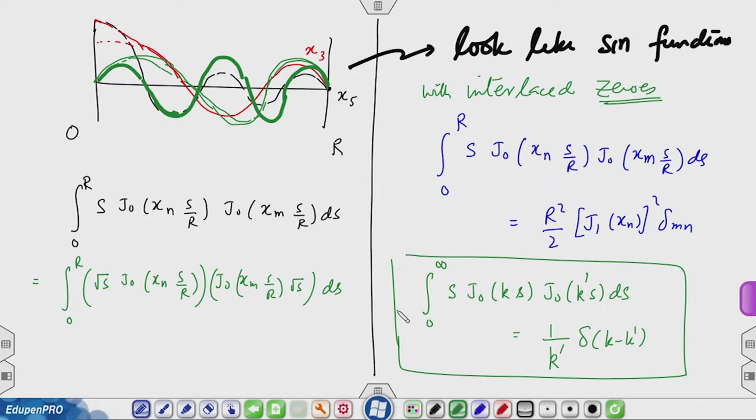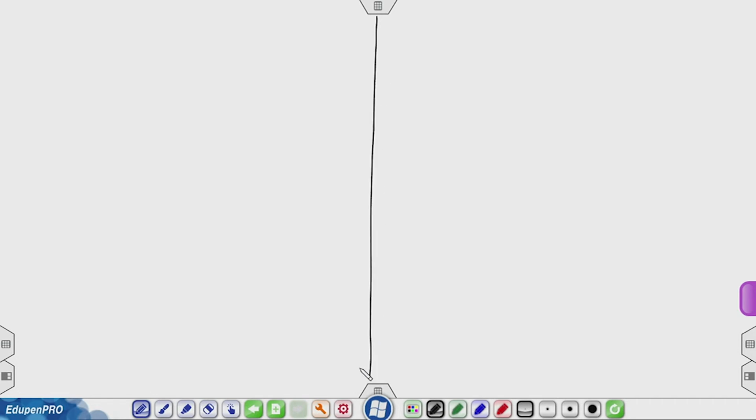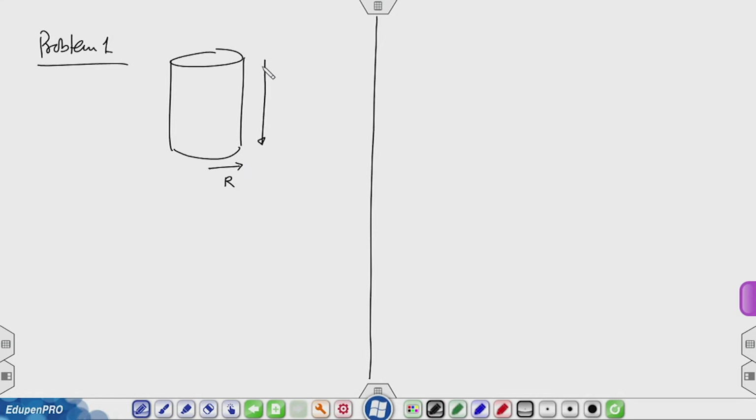So, let us now apply all this to solve a problem of azimuthal symmetry. Problem 1. Given a cylinder of finite height and finite radius, this radius is R, height is H, and the potential is V equals 0 on the bottom surface and on the side surfaces, and it is equal to a constant on the top surface.